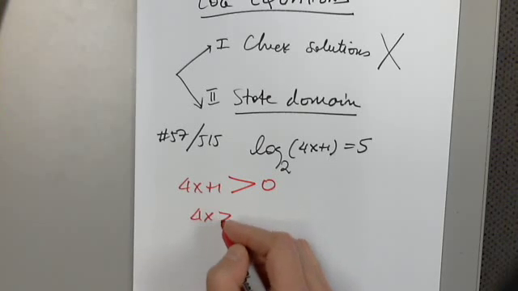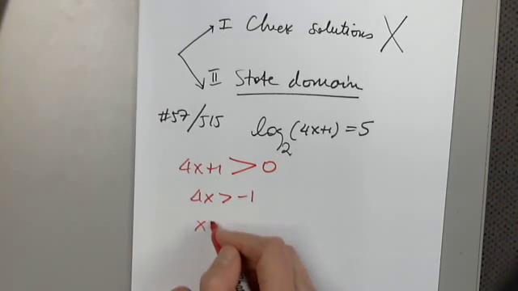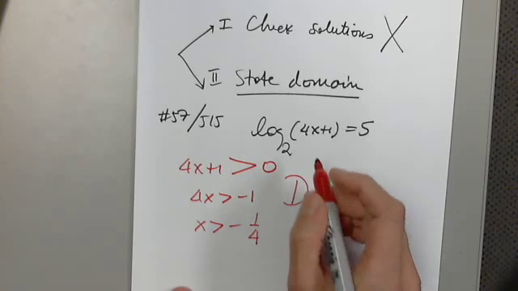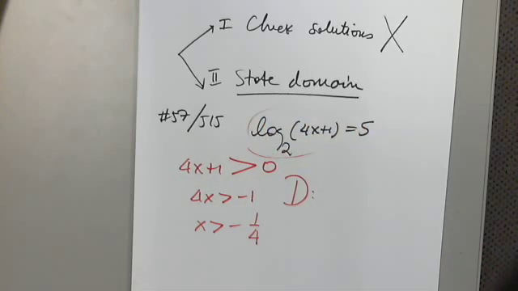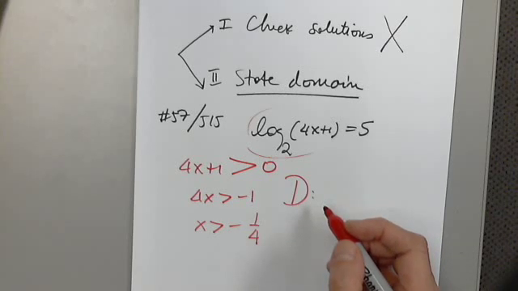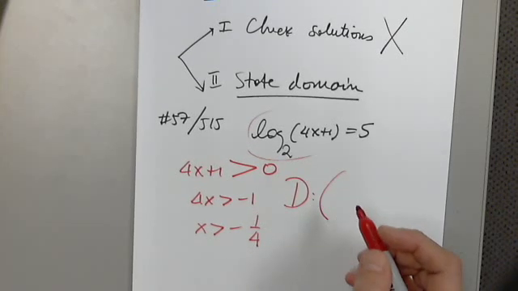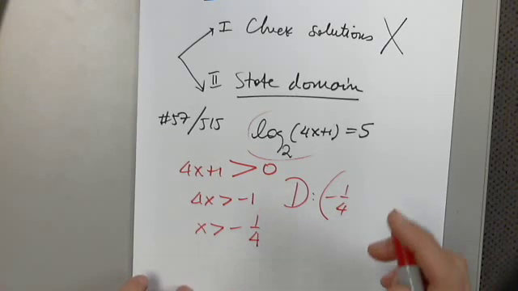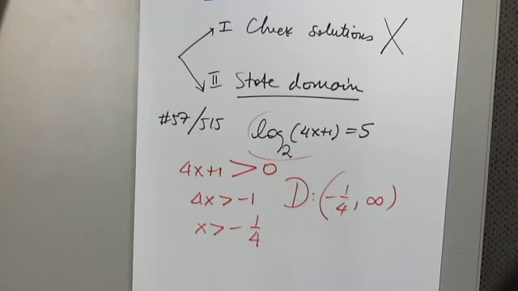Or 4x must be greater than -1, or x must be greater than -1/4. So what is the domain of this function? There is only one function in this equation. What is the domain? Strictly greater than -1/4, comma, infinity.